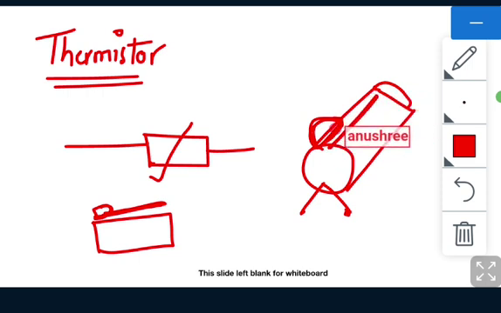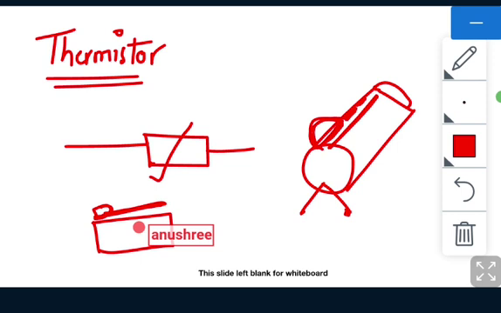If you move it up here, resistance changes. Basically you are sliding that element over this, and the resistance changes.